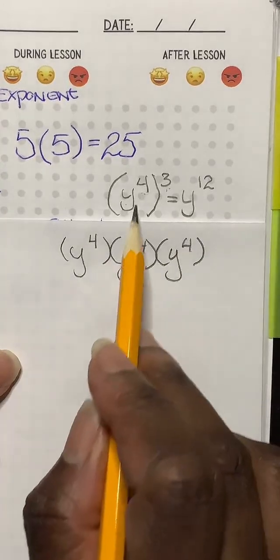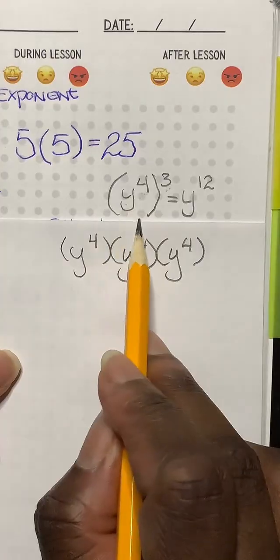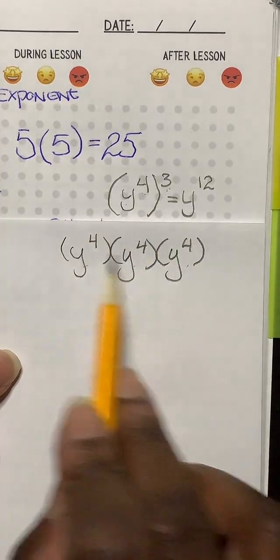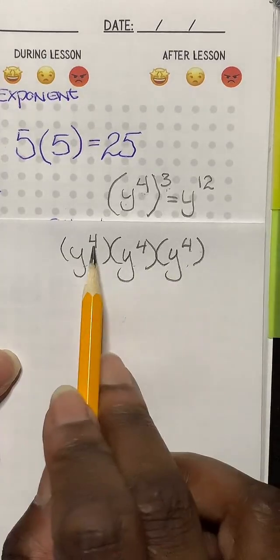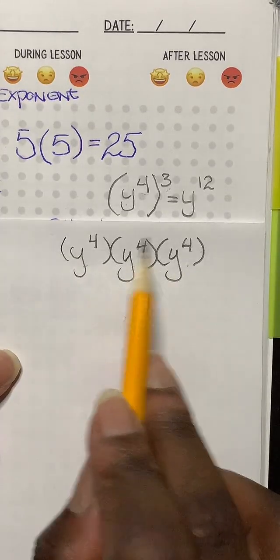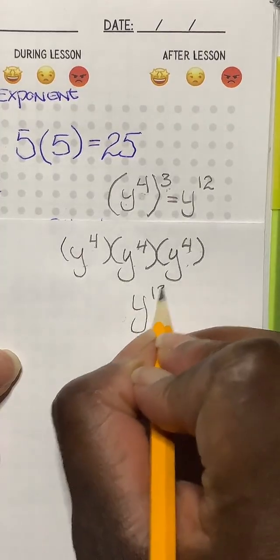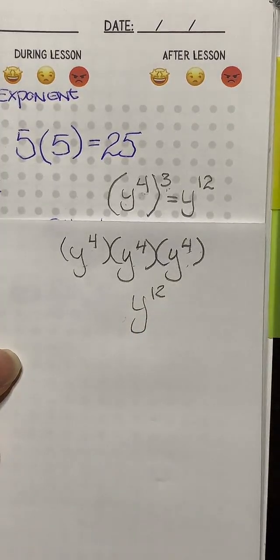So I'm basically writing out that base 3 times. And since I'm multiplying, I add the exponents. So 4 plus 4 gives me 8. 8 plus 4 gives me 12. So this will be y to the 12.